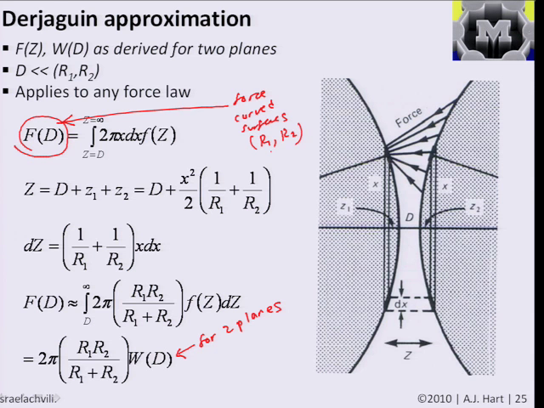And what this approximation does is it relates it to the F of z, which is the force law for the planes. And the rest is just the geometry of the separation between them. And it can be shown that this applies to any force law. So basically, regardless of what the exponent is on the denominator, as long as this geometric condition of the spacing being smaller than R1 and R2 applies.